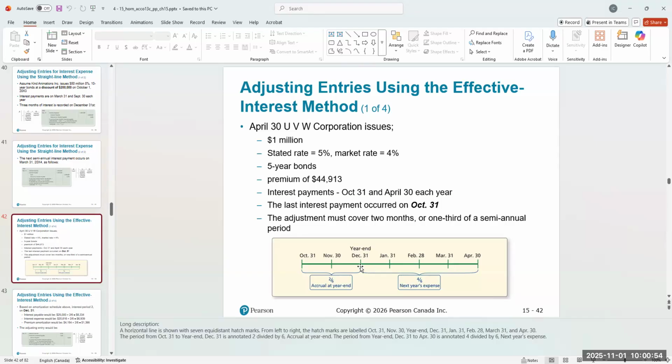And based on the reporting date, we have to work proportionally on the journal entry to make it work. What that means is we're going to take from the chart that we already created, the Excel spreadsheet, the amount of the total expense.